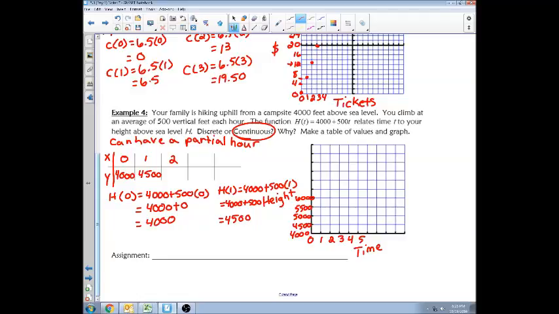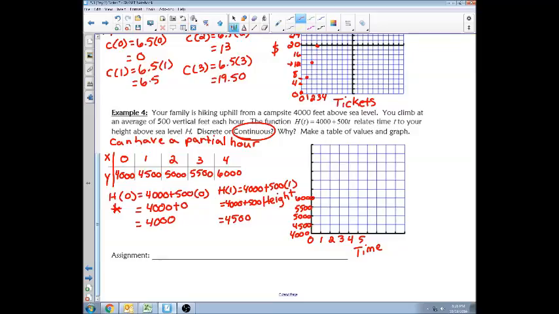In 2 hours, again, I haven't really said this yet, but you really need to show your work for each number that you put in for x, or in this case t. But I am running out of space, so I'm not going to do it right now. Okay. So in 2 hours, I would be at 5,000 feet. In 3 hours, I would be at 5,500 feet. And at 4 hours, I would be at 6,000 feet. So you guys really need to do this for every x value that you're going to put into place.